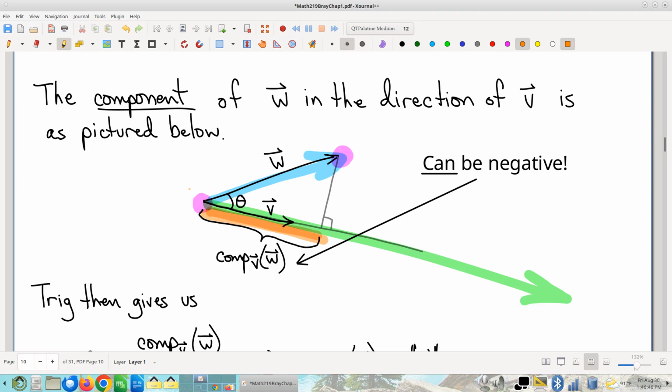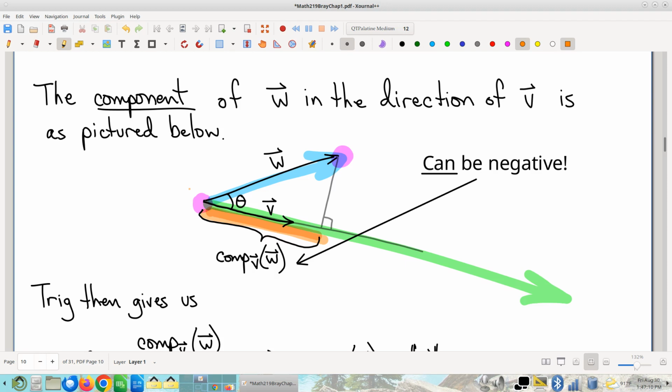Now I'm going to do my best to resist calling this a distance. It feels like a distance, and sometimes it even is a distance. But the problem there is distances are intrinsically positive things. A component does not have to be positive. If the W vector were pointing this way, then the component would be negative.